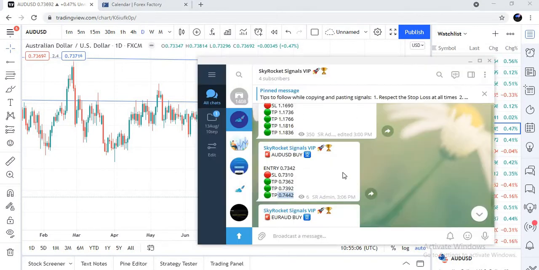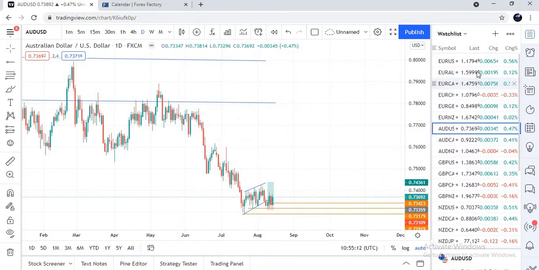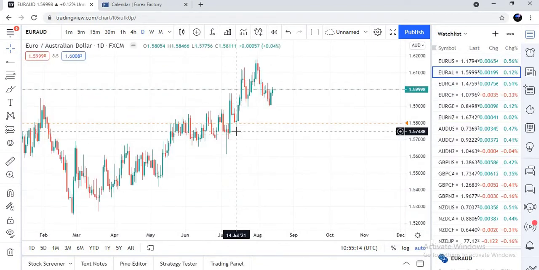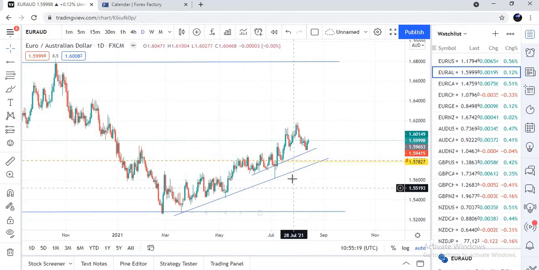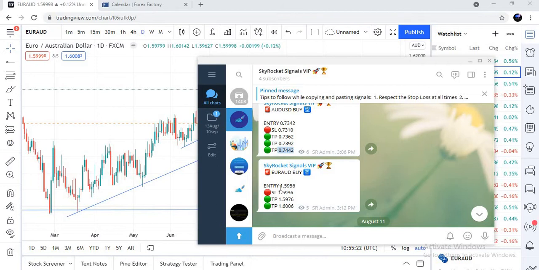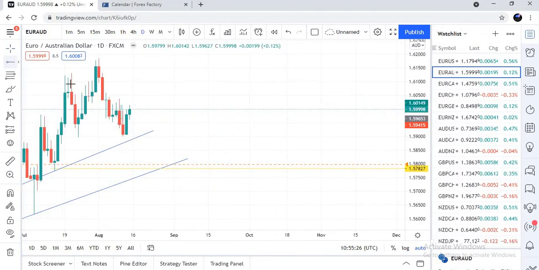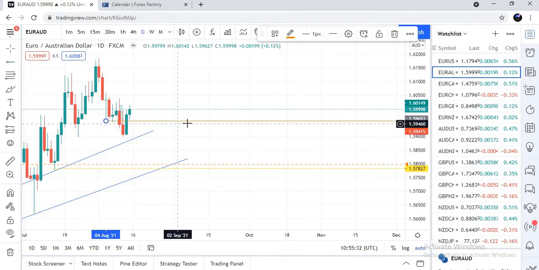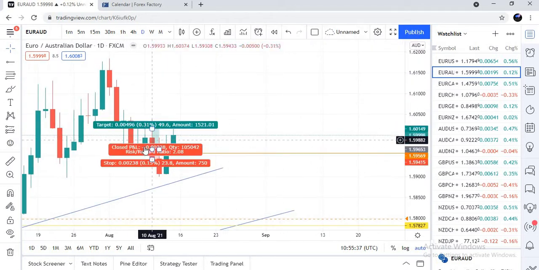The next trade that we placed was the Euro AUD, the Euro to the Australian dollar, and we placed a buy quite too early. We placed a buy around the price of 1.5956. We placed the buy around this region, and I think we entered too early.